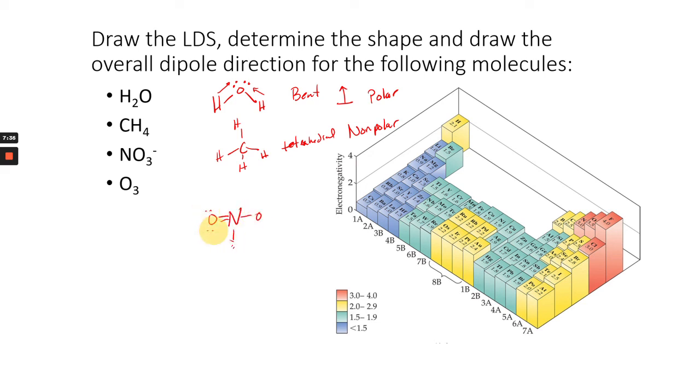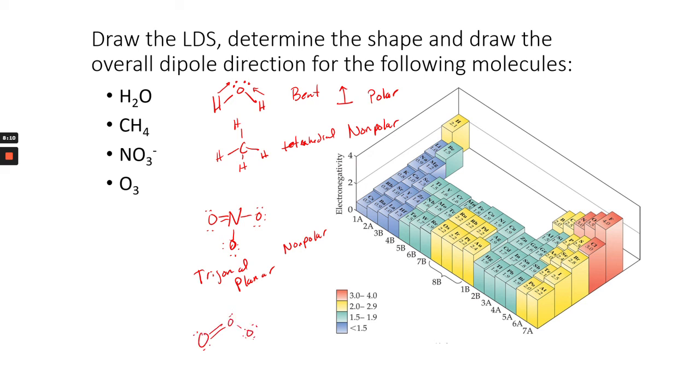NO3- has 3 domains, so this is trigonal planar, and it's bonded to 3 oxygens, so this is nonpolar. The dipoles will cancel each other out. Ozone. Ozone's kind of tricky, because you would think, since they're all oxygen, their electronegativity differences would be 0 and it would be nonpolar.